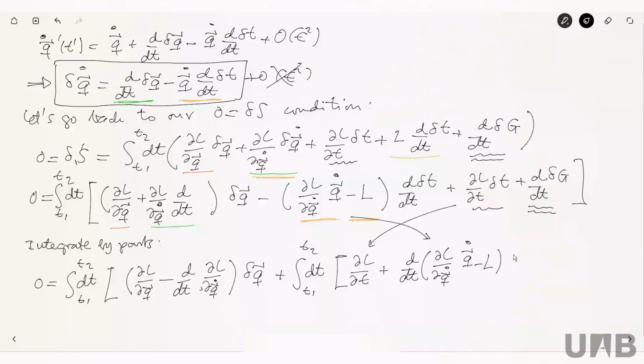All right. And now come all the terms that I have to put because I integrated by parts, which is the integral dt from t1 to t2, okay? And this is going to be the derivative with respect to t of, okay? First term is here I integrated by parts, so that's the piece that I have to add. dL/dq dot delta q, okay? So this plus this has to give me the piece that I had here, and it does, all right?